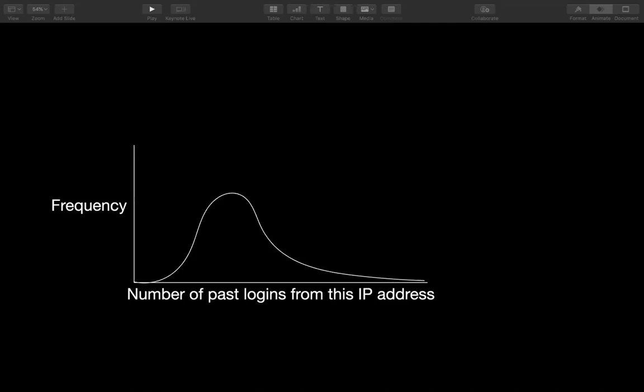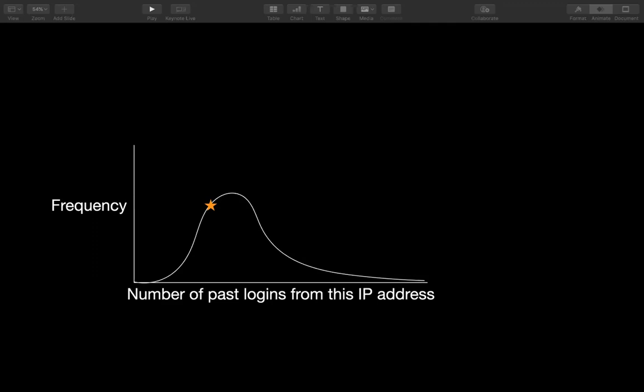Okay. So now, how are we going to use this for detecting attacks? Well, traditional anomaly detection would say that when you see a new login, you compute the value of the feature, and then you find where that falls on the x-axis. Maybe this is a machine that's been logged into 10 times before in the past year.